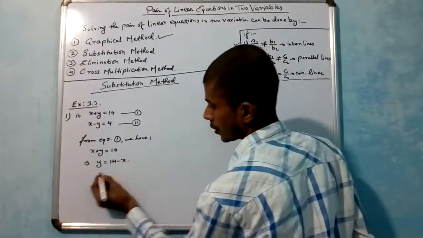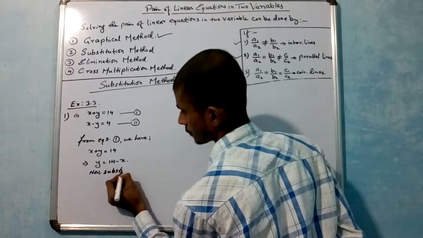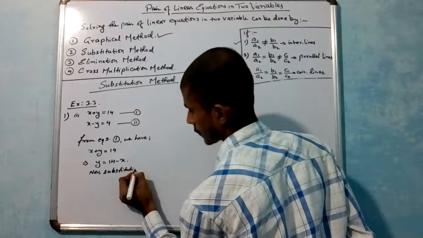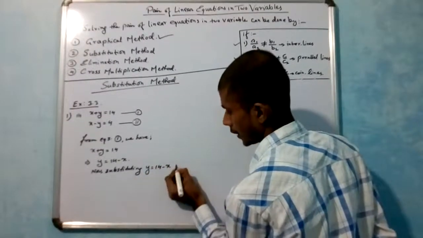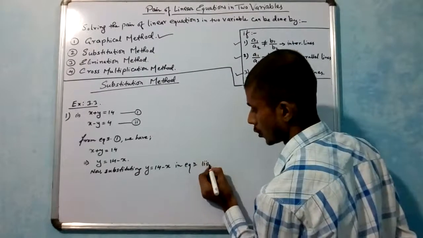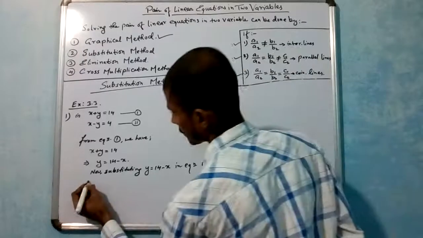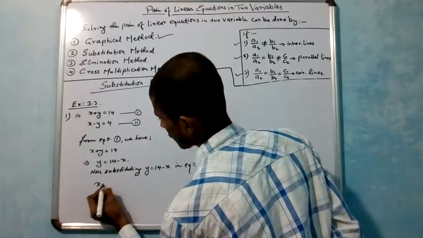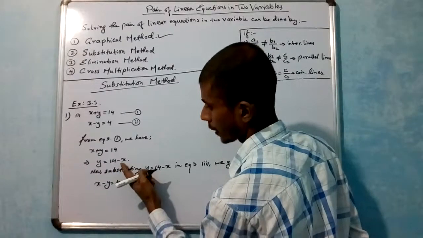Okay. Now substituting y is equal to 14 minus x in equation 2 we get, what we will get. What is equation 2? X minus y is equal to 4. In place of y I will substitute 14 minus x.